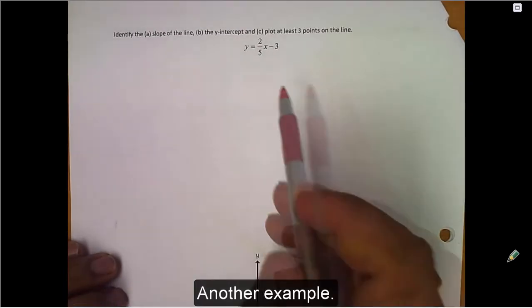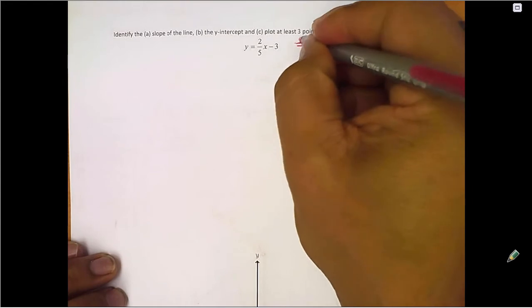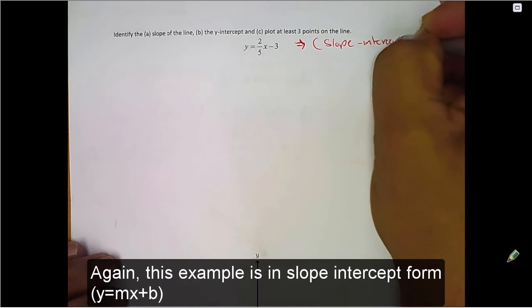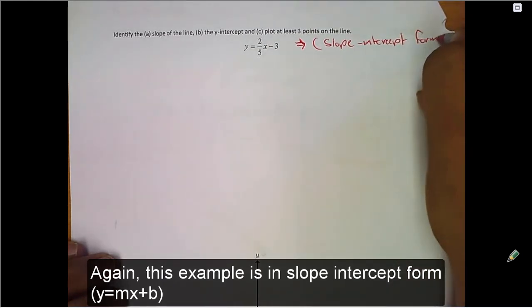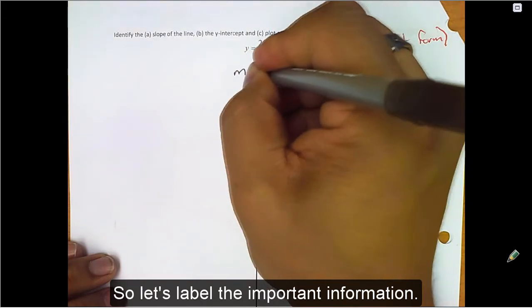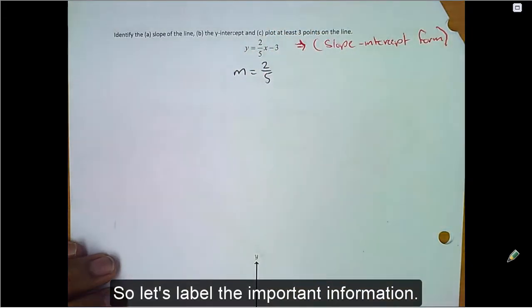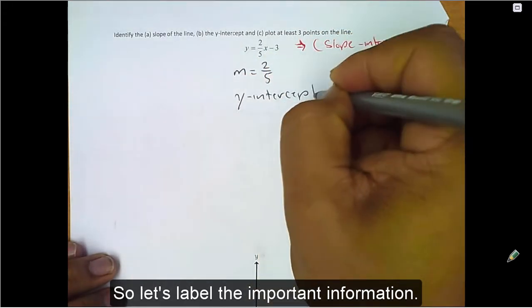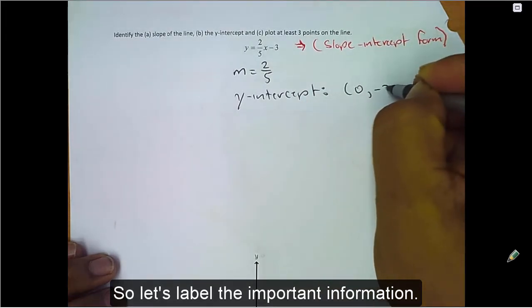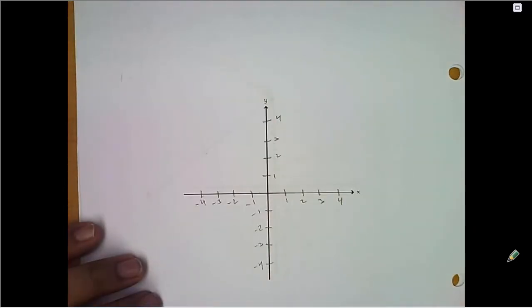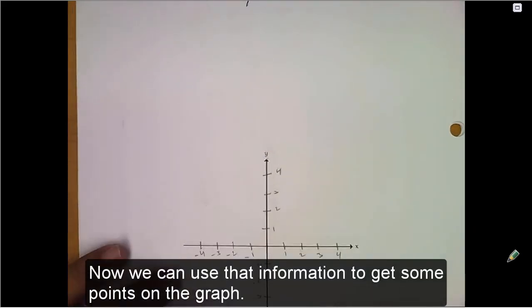Another example. Again, this example is in slope-intercept form, y equals mx plus b. So let's label the important information. Now we can use that information to get some of the points on the graph.